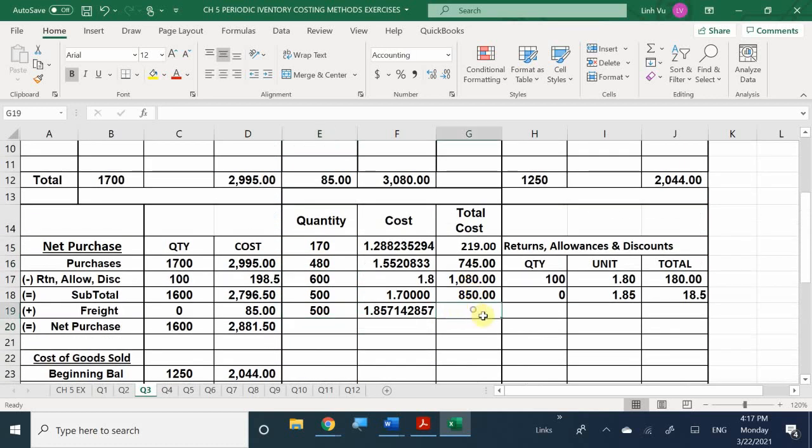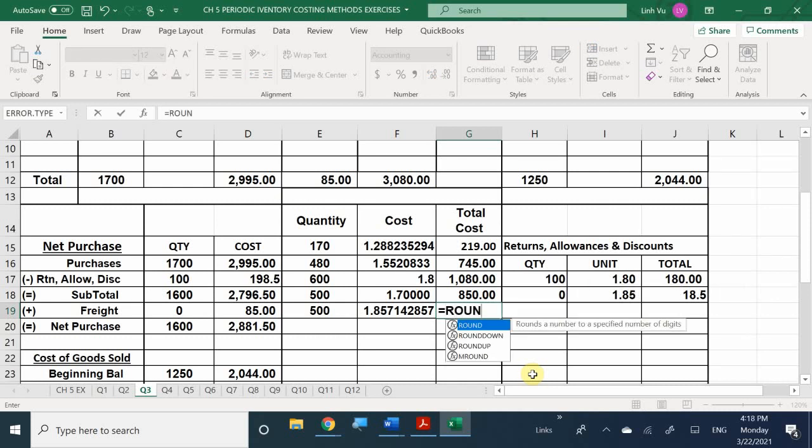So now I'm going to calculate my new total cost, okay? So again, because we have not a friendly number, we're going to multiply these together, comma, 2, because I want two decimal places. All right.